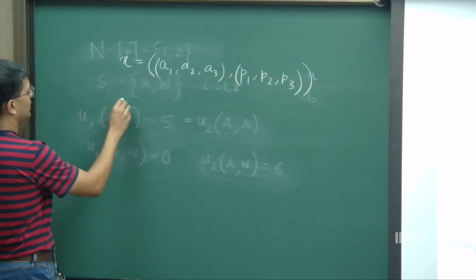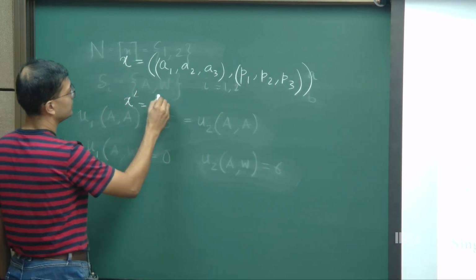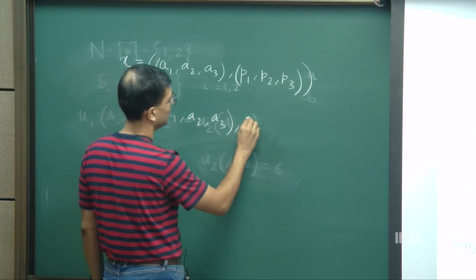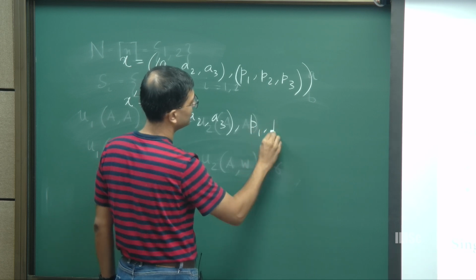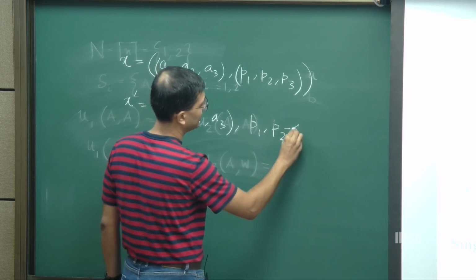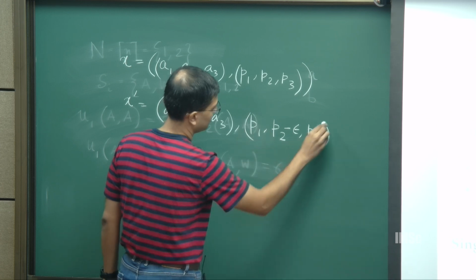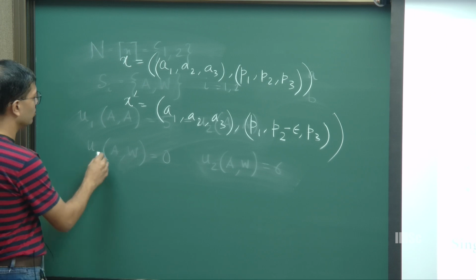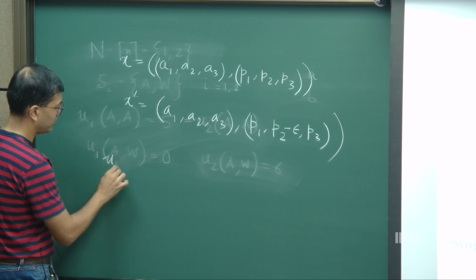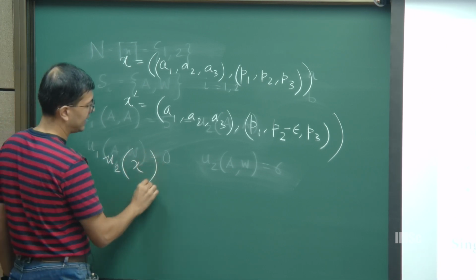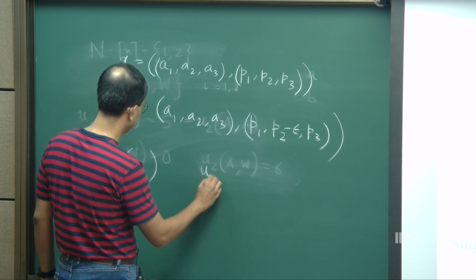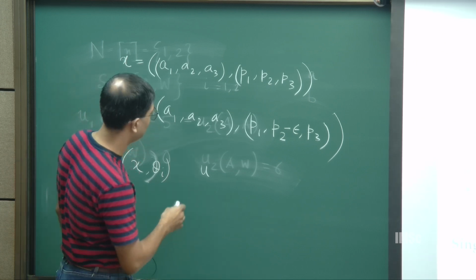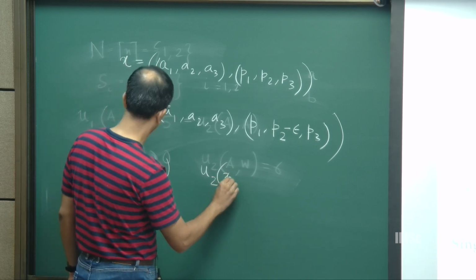Now suppose there is another outcome which gives the same allocation, with payments P1, P2 minus epsilon, and P3. So it is charging a little less for player 2. If you are player 2, between x and x prime you can clearly say something. So u2 of x prime comma theta_i.